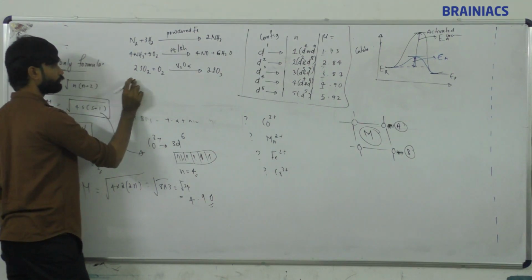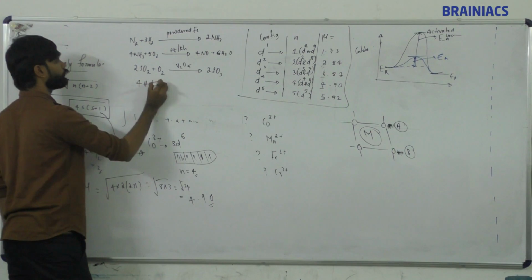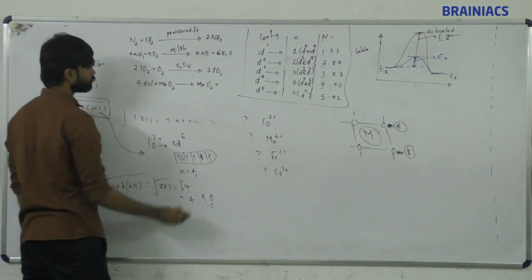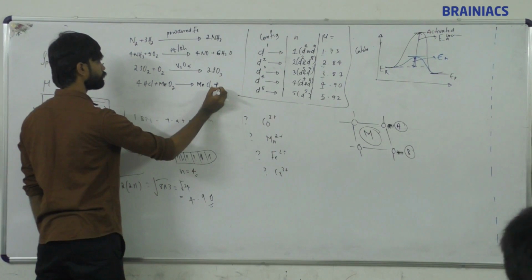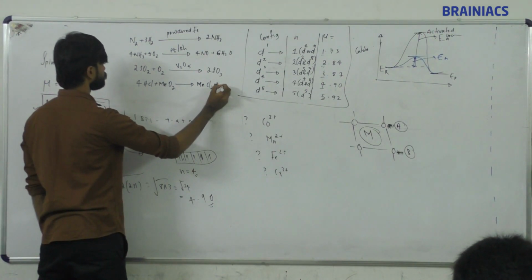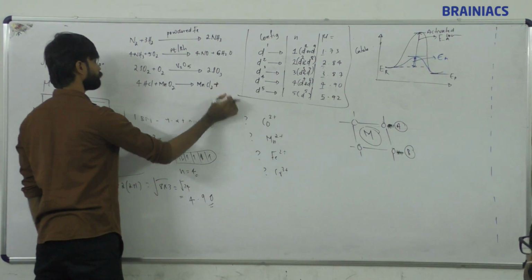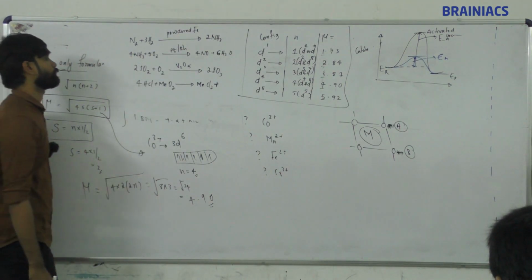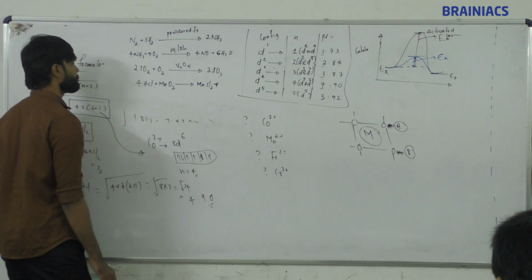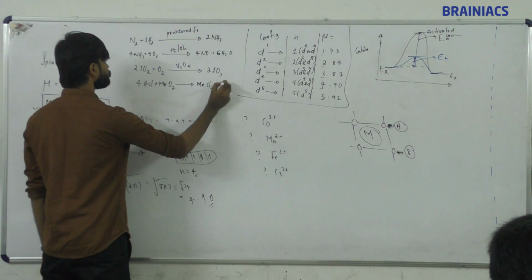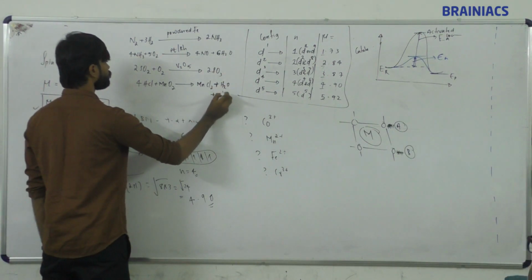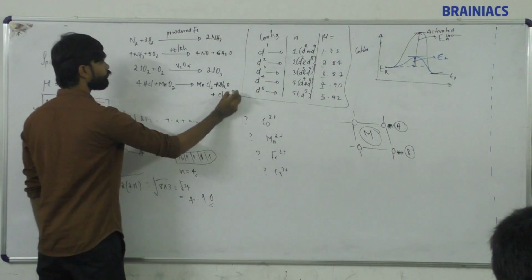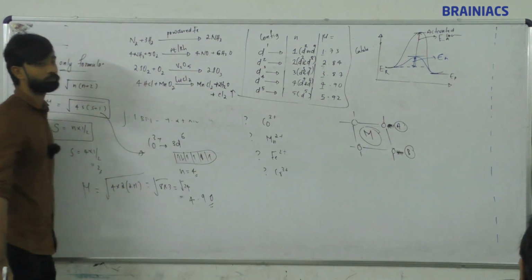Then Deacon's process for the manufacture of chlorine, where CuCl2 is used as catalyst.